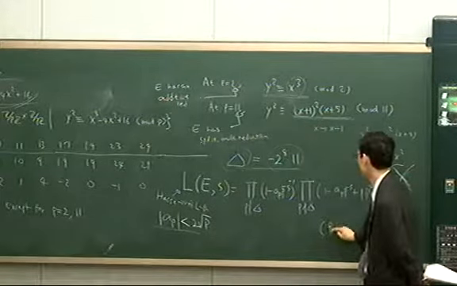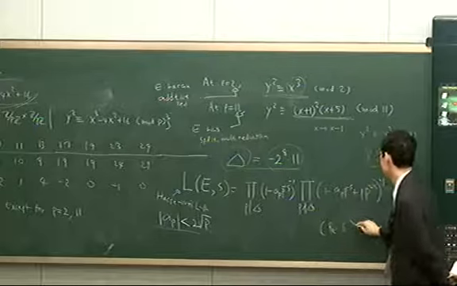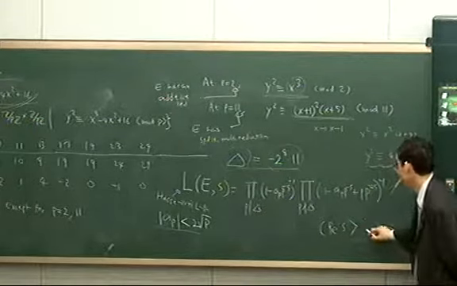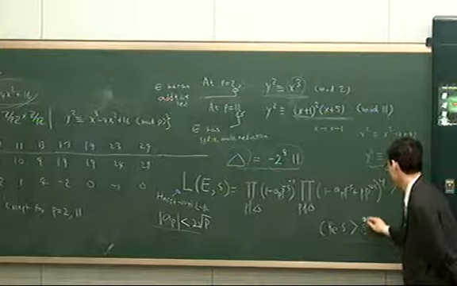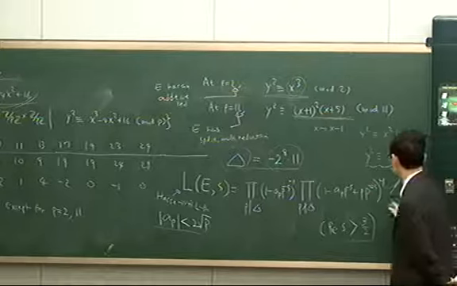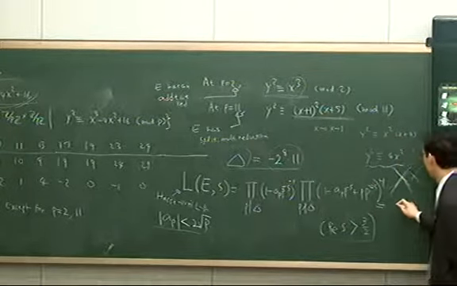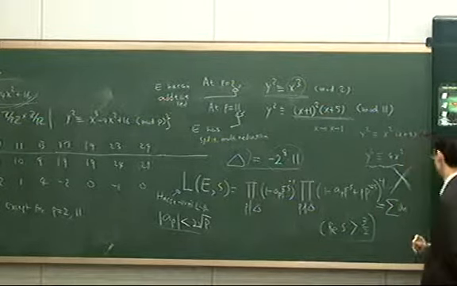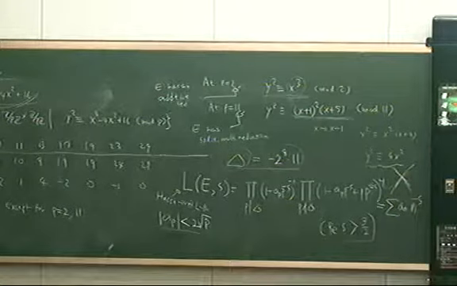So this L function is defined in the right half plane, which is given by real part of s greater than 3 over 2. Now we can expand this L function as a series, where we denote the coefficient a_n times n to the minus s.